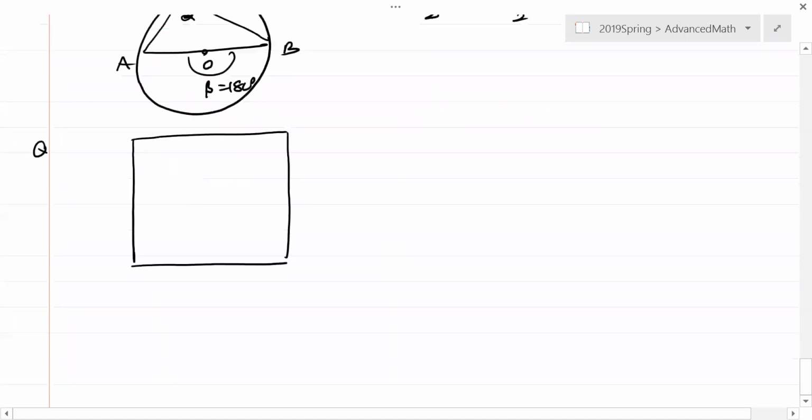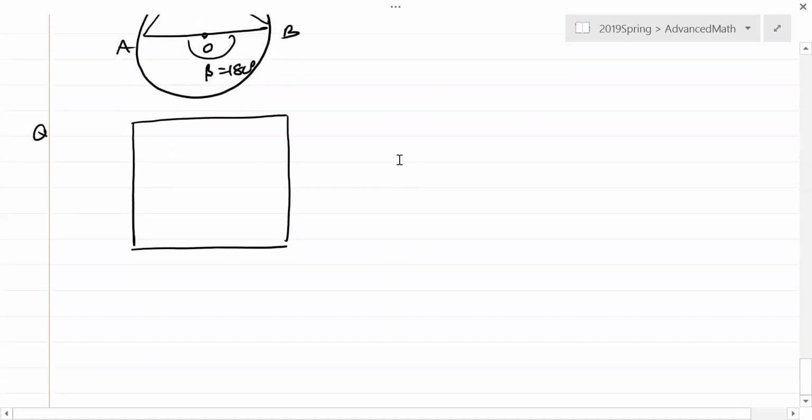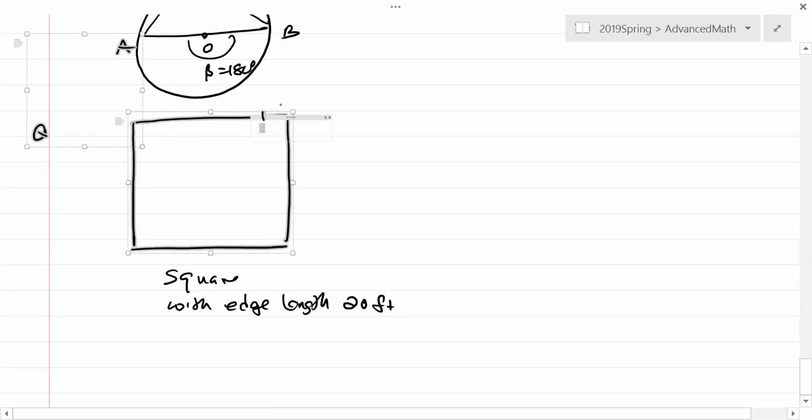What we have here is a square with edge length 20 feet. What I'm going to do is cut 2 feet.